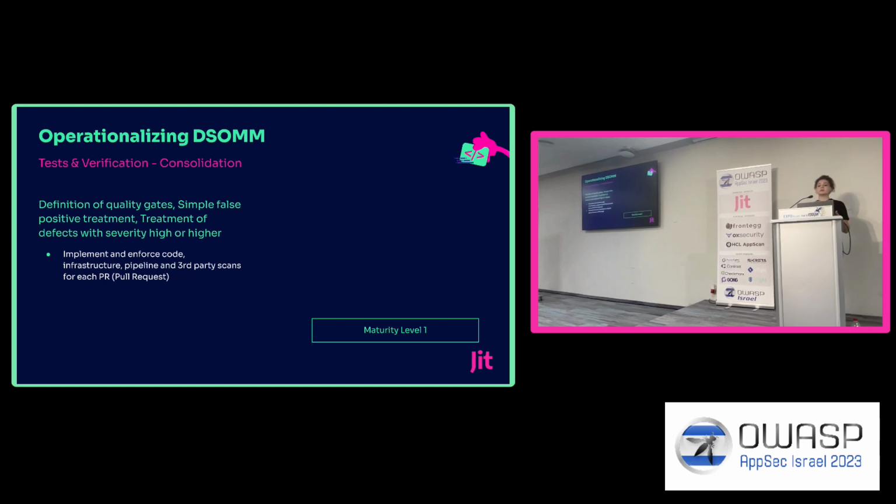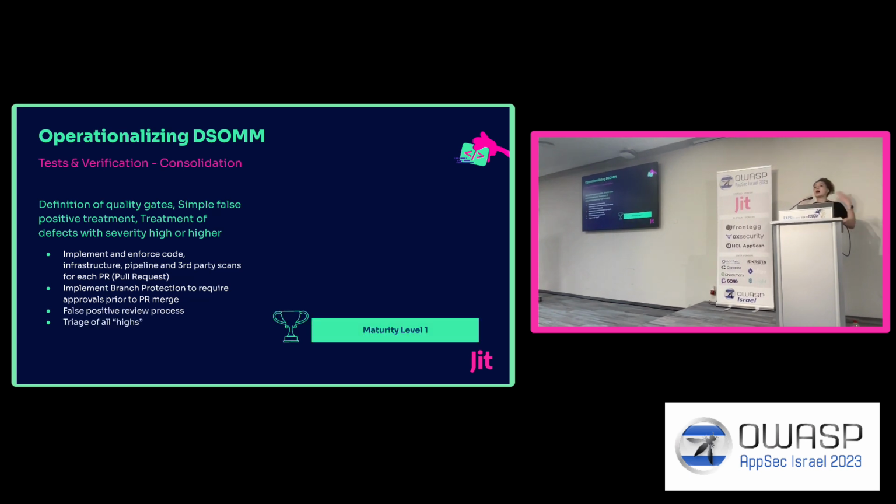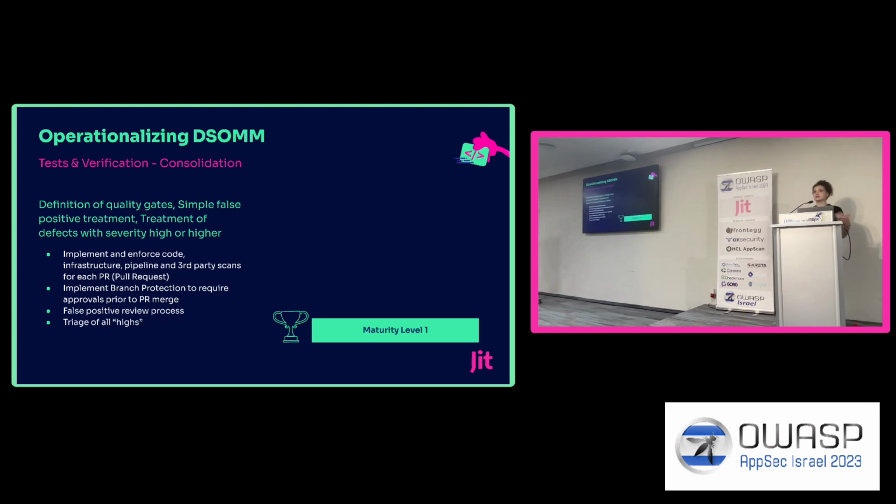We also need to implement branch protection and require approval before merging a PR. We need to have a process to review false positives, and we need to triage all of the high and critical vulnerabilities. So by using open source tools, just checking all the boxes here, we can make sure we have maturity level 1 covered.